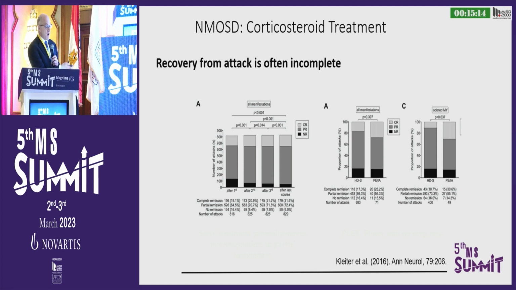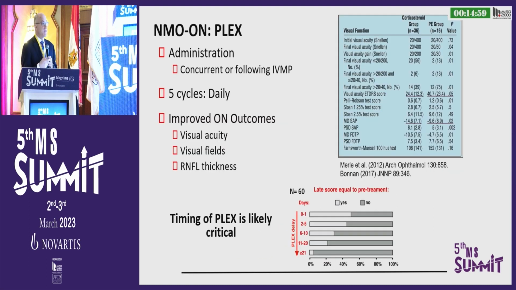However, shown on the right, you can see that there is greater improvement with the use of immunoabsorption or plasma exchange. And this is particularly notable for patients with myelitis, but I'll point out in this next slide that with optic neuritis, plasma exchange or immunoabsorption improves visual acuity outcome, visual field outcomes, and residual retinal nerve fiber layer thickness as measured by OCT.